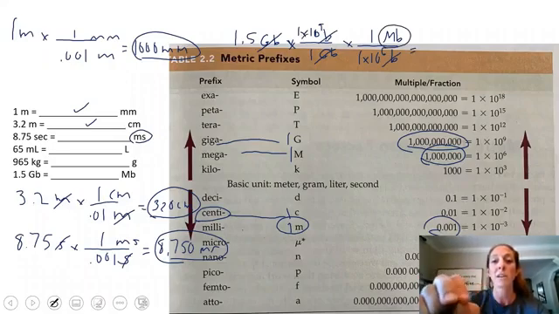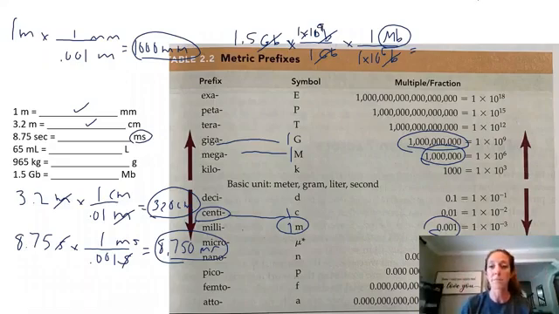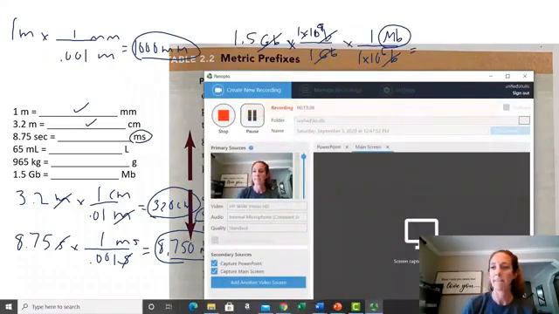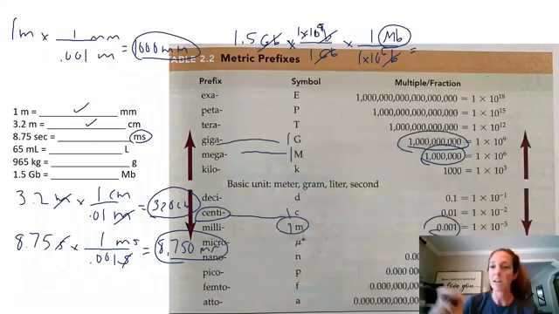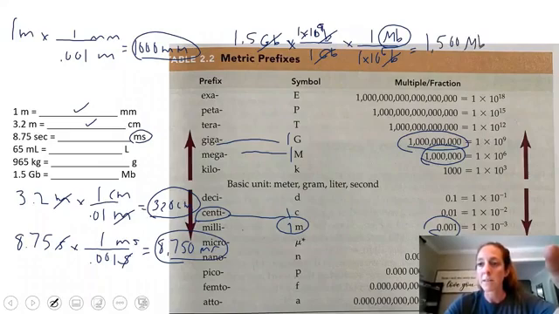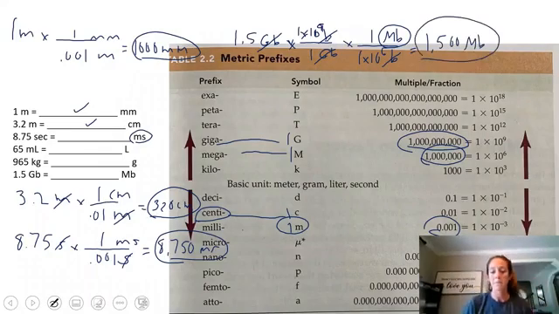So 1.5 times 1 times 10 to the 9th, all divided by 1 times 10 to the 6th. And you should get 1,500 megabytes. Okay, hopefully that's starting to make sense.